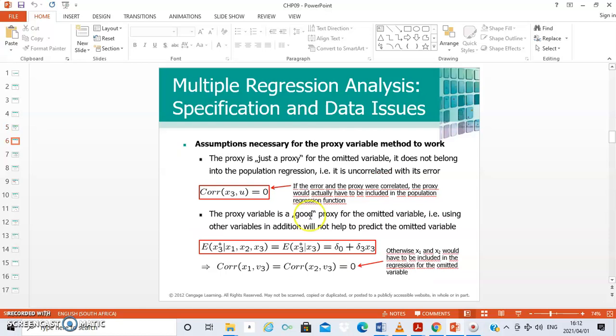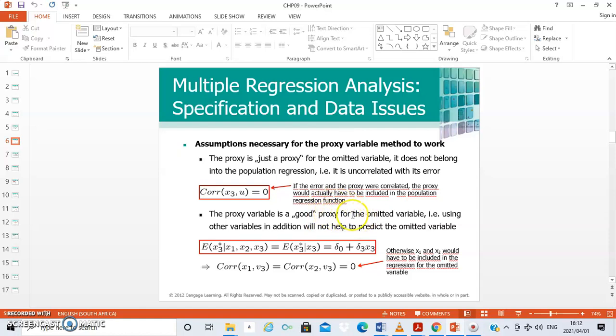Now, what we should understand is that there are assumptions as to when to use this proxy variable method, or in order for this method to work. This proxy is only a proxy for the omitted variable. In other words, it does not belong to the population regression. Because of that, it implies that it satisfies the classical linear assumption that the proxy would not be related with the error term, meaning there's no correlation between the two, and that's why it qualifies to be used. And secondly, it must be a good proxy to represent the omitted variable.